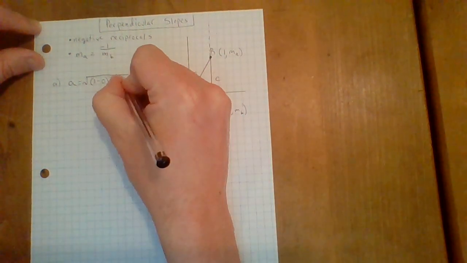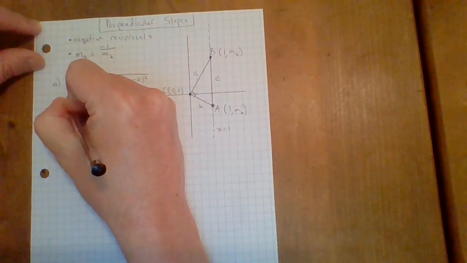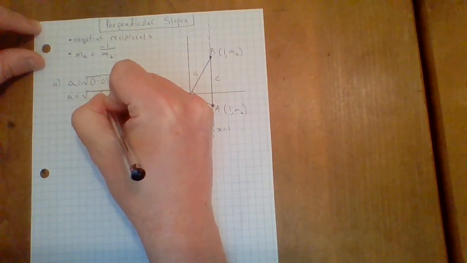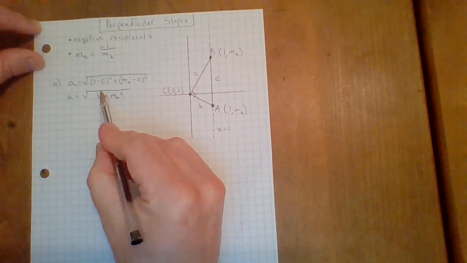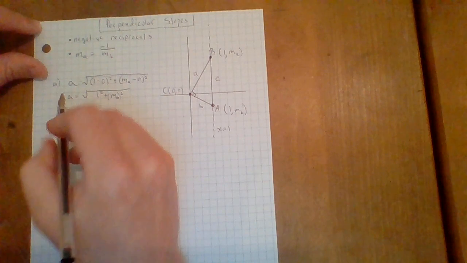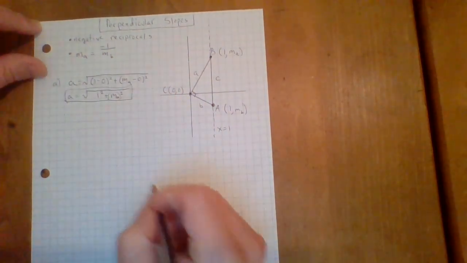So that would be the slope of A minus 0 squared. Or let me just simplify that. It's the square root of 1 squared plus the slope of A squared. This square root does not undo these squared things, okay? So now that's the distance that represents the length of segment A.